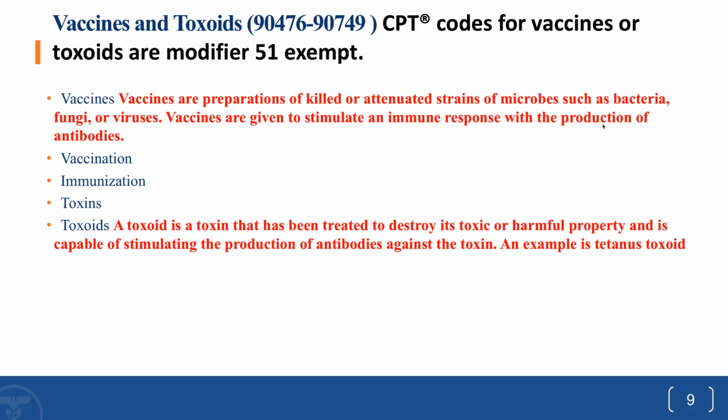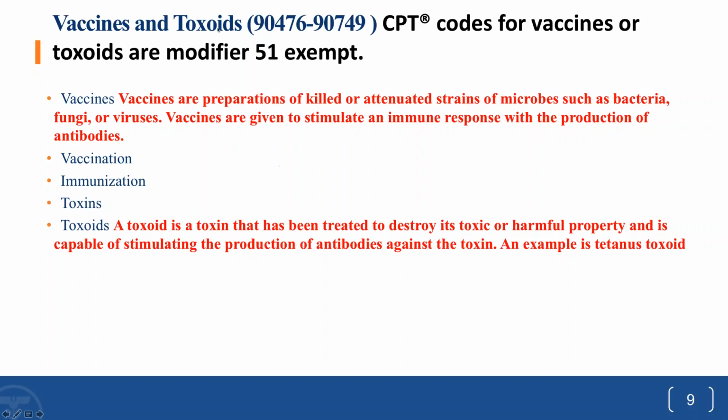I know I need to be looking at 90460, and those codes further explain whether it was administered with or without counseling, and then the age of the patient. That's how those codes are broken up. So it's important that you remember that when you are administering a vaccination, or whether someone is having some type of infusion, there are administration codes that go along with those procedures.